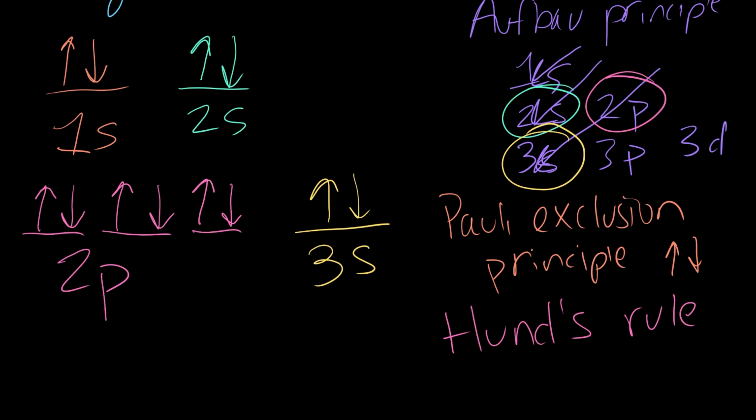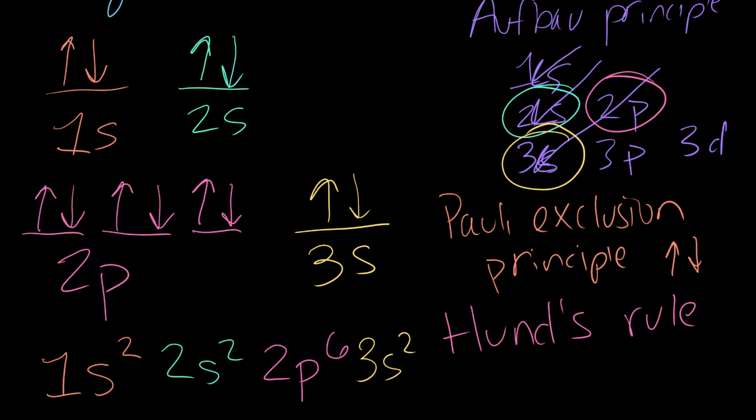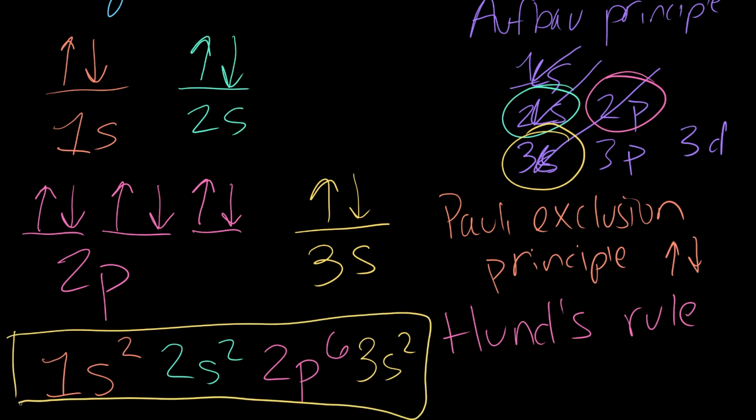We start with our first subshell, which is 1s2, where the 2 stands for the number of electrons in that subshell. That's followed by 2s2, then 2p6, and finally 3s2. So this is magnesium's electron configuration.